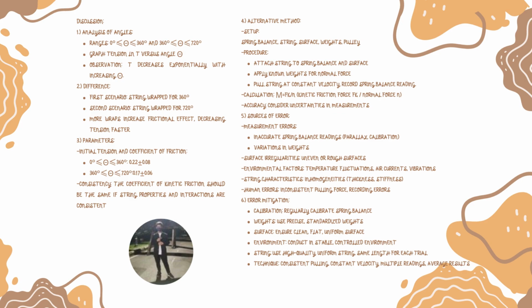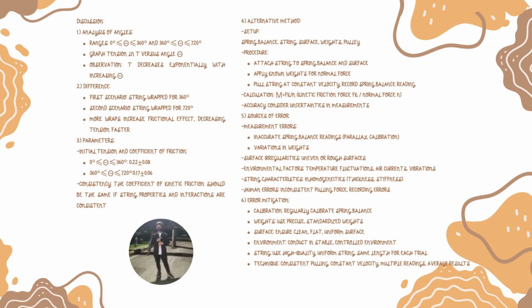In both cases, the tension T decreases exponentially as the angle theta increases, as suggested by the theoretical equation T equals T naught e to the power of negative mu theta.